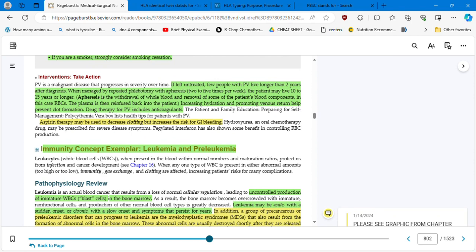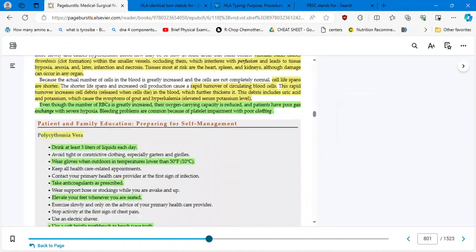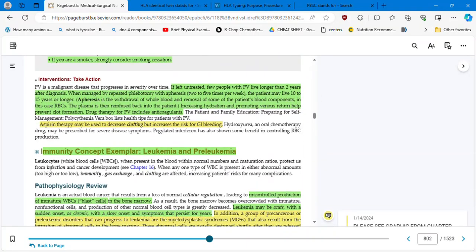Intervention: if left untreated, few people with polycythemia vera live longer than 2 years after diagnosis. When managed by repeated phlebotomy and apheresis, 2 to 5 times per week. Professor, what is apheresis?